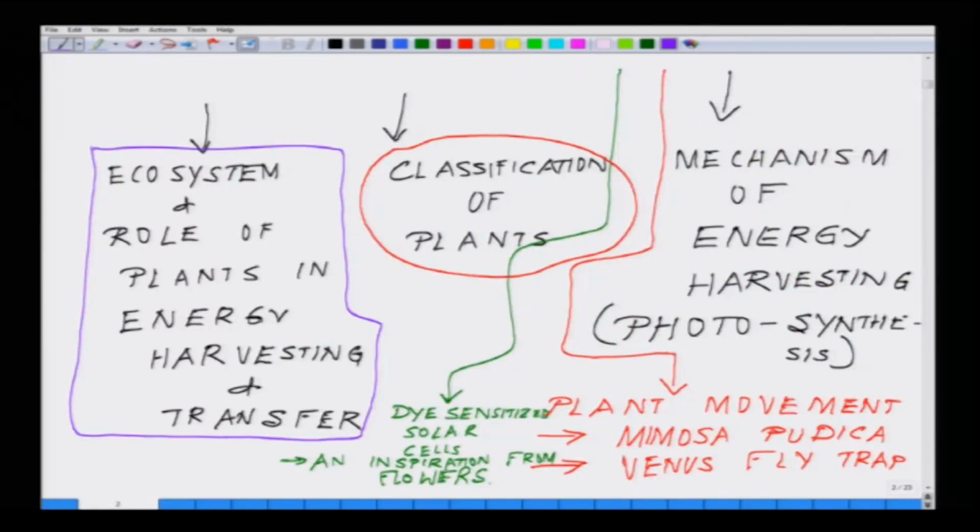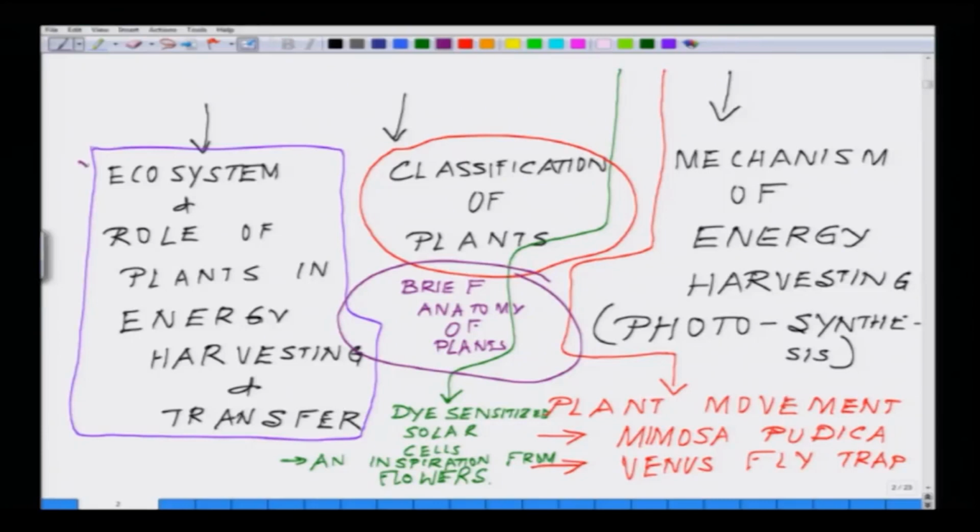After classification of the plants, we'll be dealing with the very brief anatomy of plants. Okay, so ecosystem of the plant. We have talked about the overall classification of the plant. Now we'll be talking about the brief anatomy of the plant in this class.